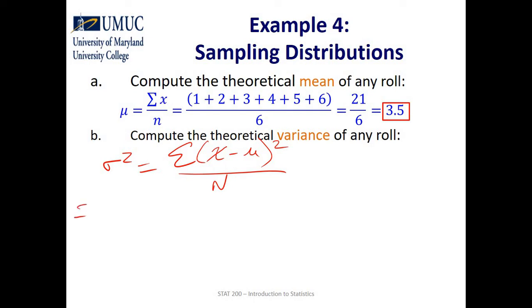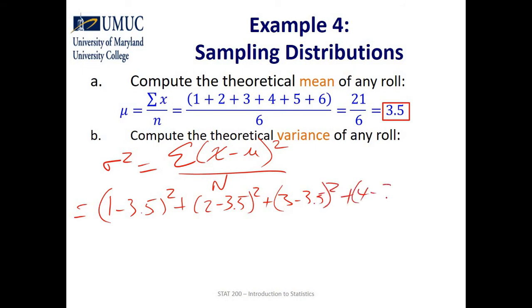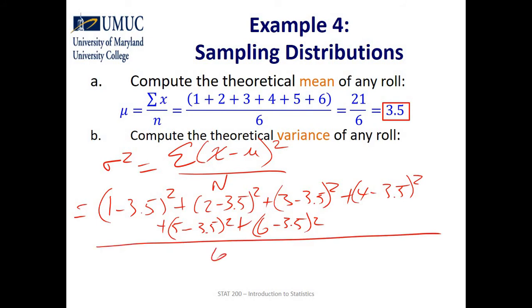We're going to have 1 minus 3.5 squared plus 2 minus 3.5 squared plus 3 minus 3.5 squared plus 4 minus 3.5 squared plus 5 minus 3.5 squared plus 6 minus 3.5 squared. And all of that is going to be over 6.